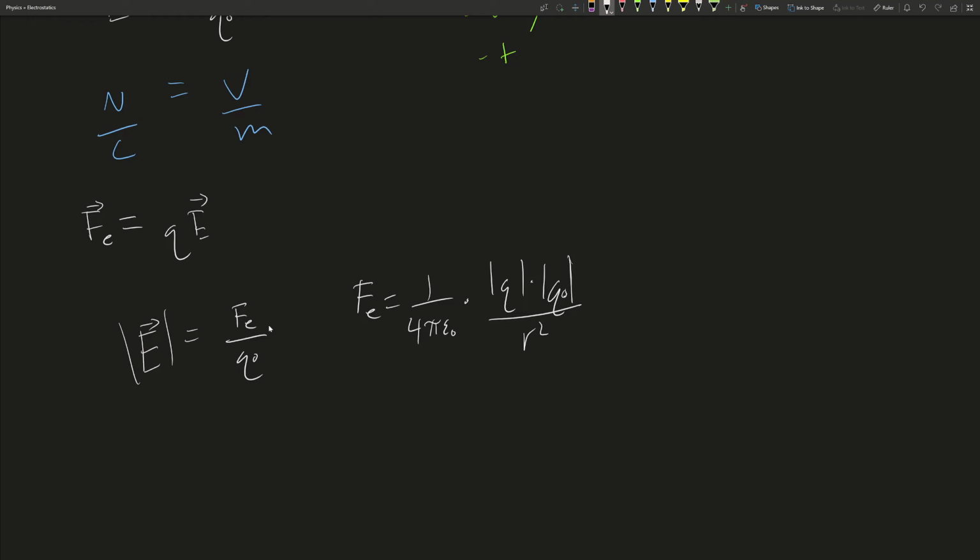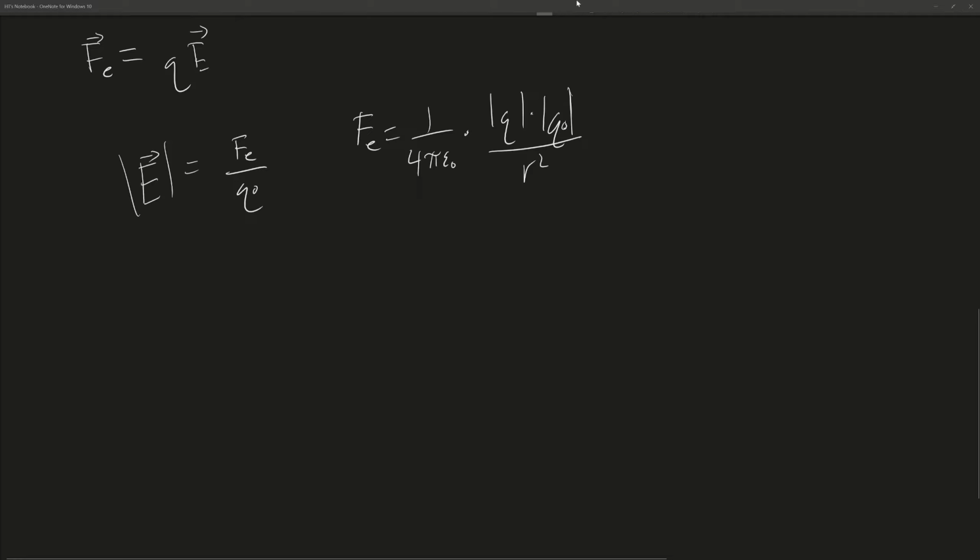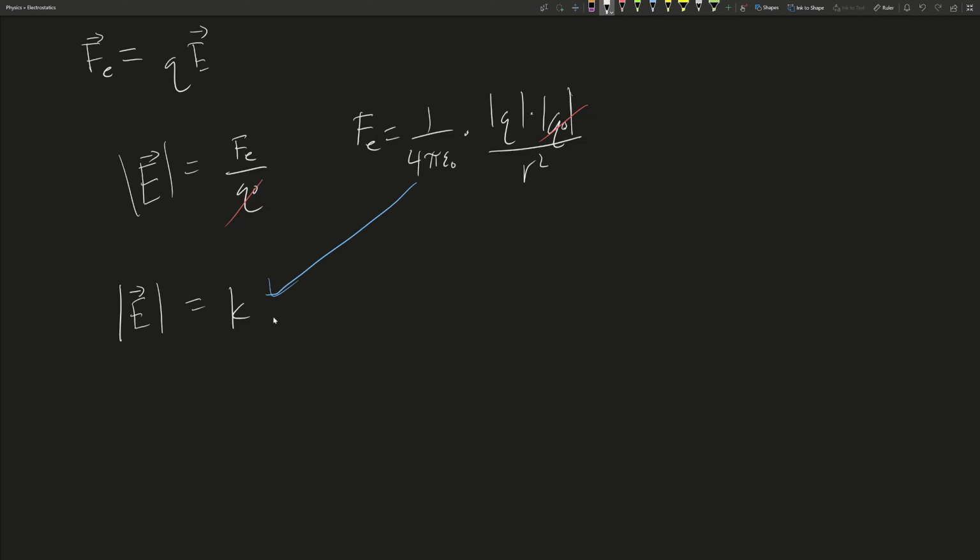Since we're dividing by this test charge, these test charges cancel out on top and bottom since they're both positive, so this absolute value doesn't actually matter there. And then we get that this electric field magnitude is going to be equal to k, which again is this constant here, times q, the magnitude of the charge, divided by r squared.